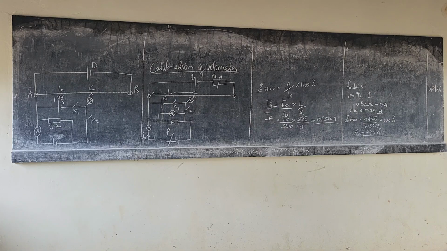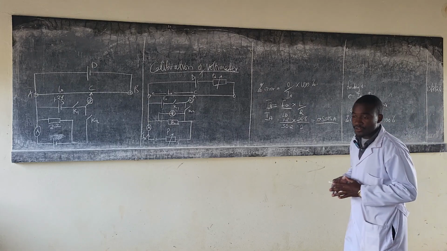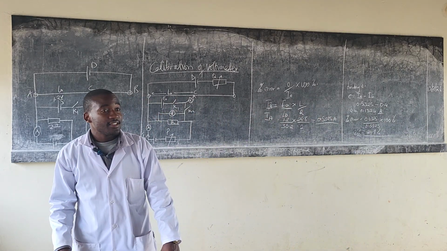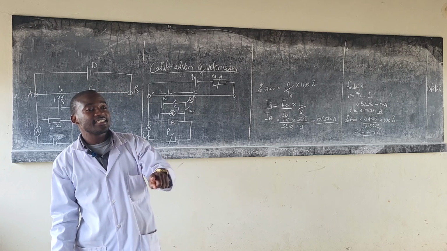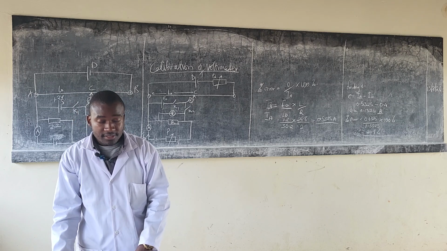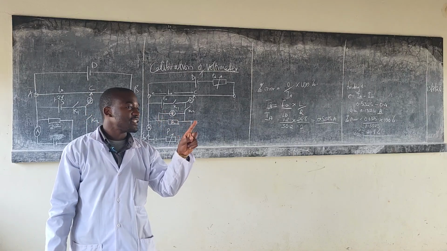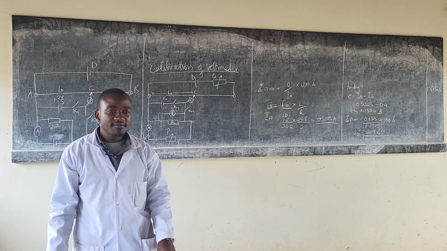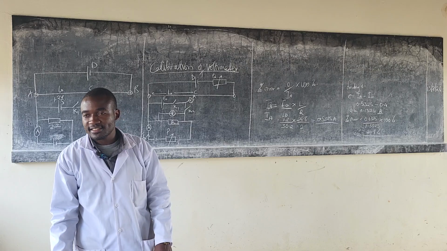So most of the times, as you're redrawing the circuit, you need to master those components that must be part of the circuit diagram. Because once you miss out a point, you might have a circuit diagram where you talked about a variable resistor in your explanation, but in the diagram that variable resistor does not exist.